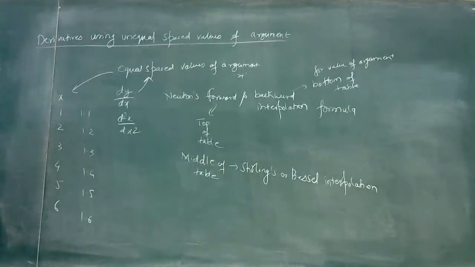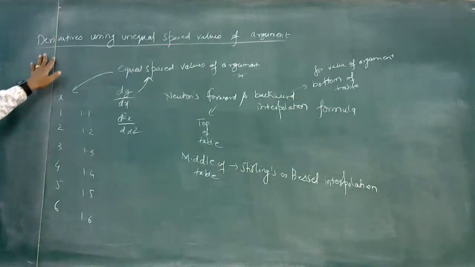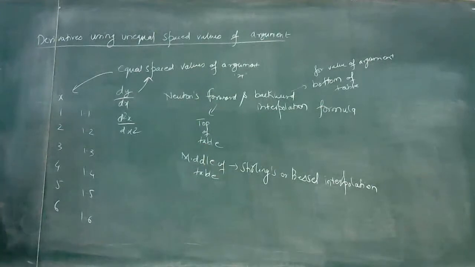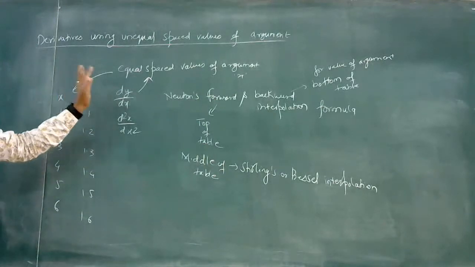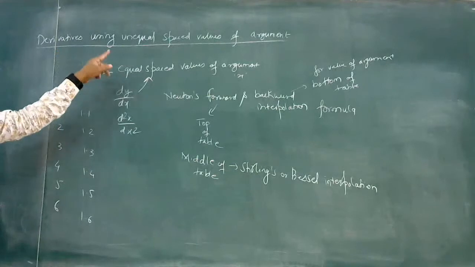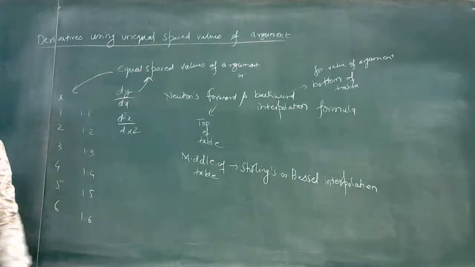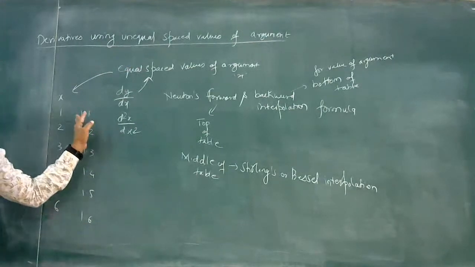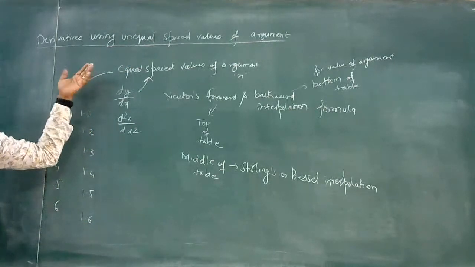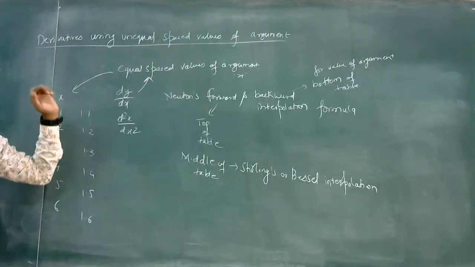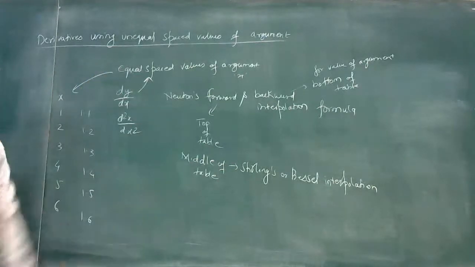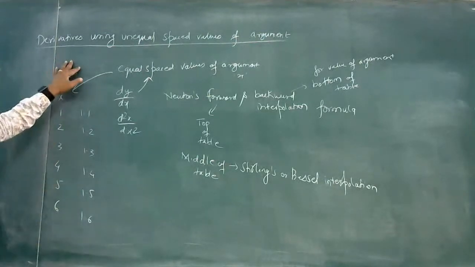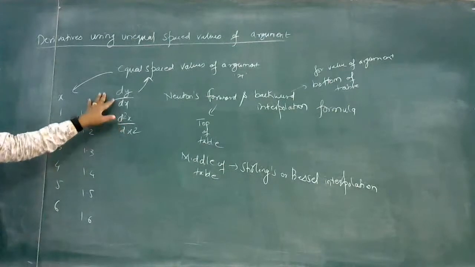Okay, so now we are dealing with unequally spaced values of arguments. Can anyone tell which formula we will use here? We have covered it in other classes when we studied interpolation with unequal spaced values. So which two methods will be used here to find the derivatives?